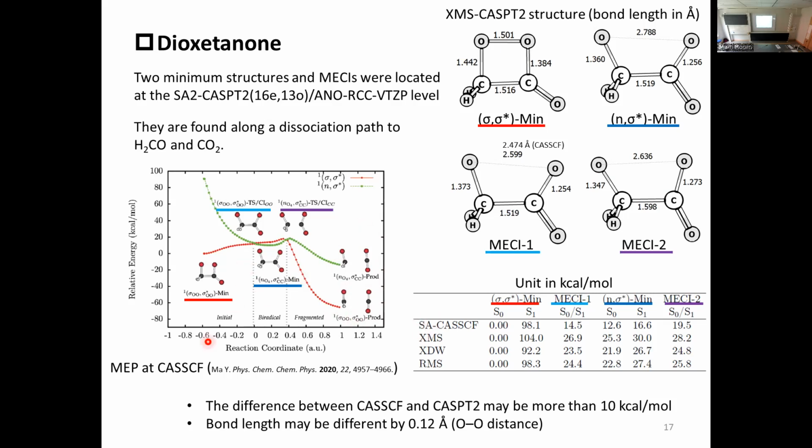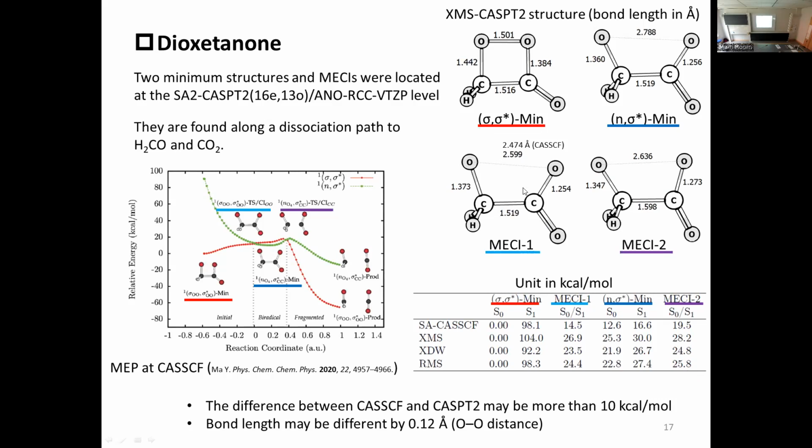This is not my calculation, but I located these minima and conical intersections, and the energy is compared here. As you can see, if we compare CASSCF and CASPT2, the energy difference is like 10 kilocalories per mole for these right three structures.